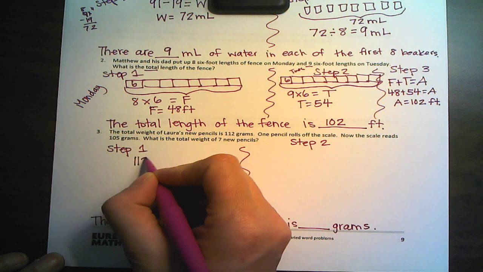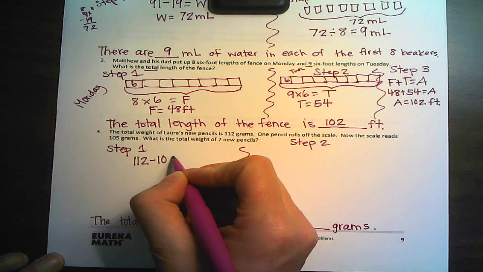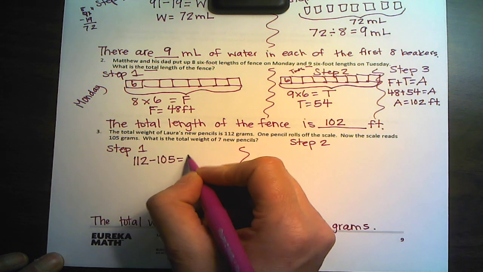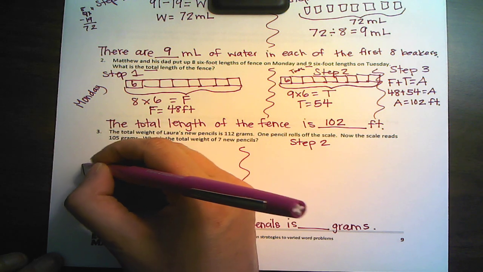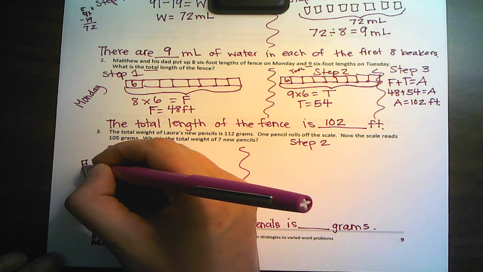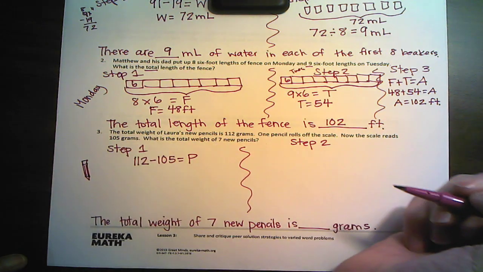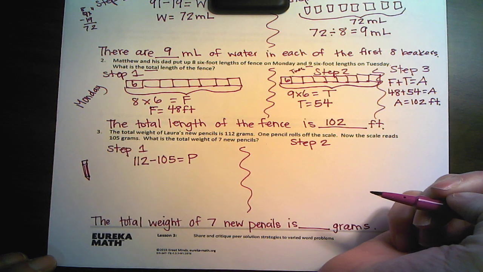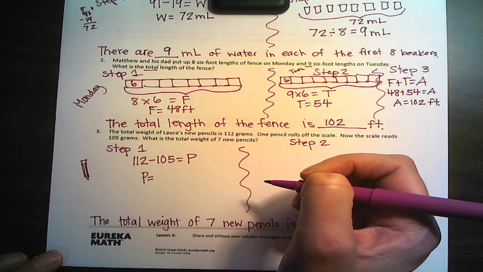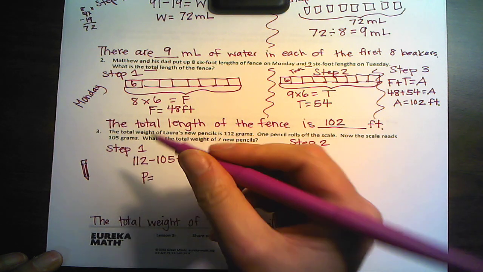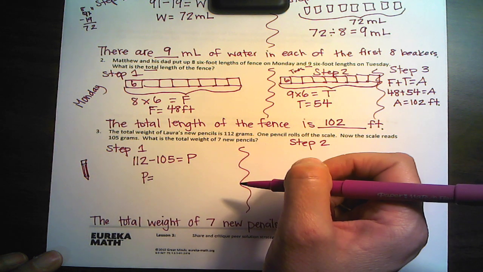Let's do 112 minus 105 equals P for pencil, of course. And let's just draw a pencil. And it's mystery weight. P equals what? What is 112 minus 105?